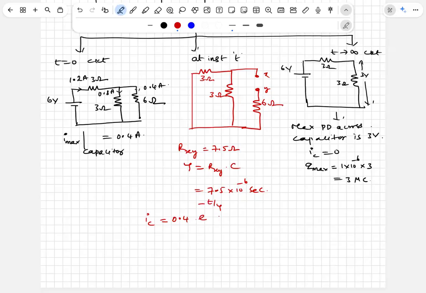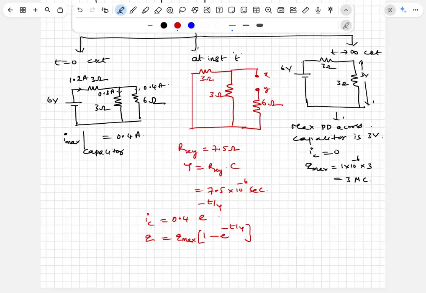Done. I know what the instantaneous charge across the capacitor is. What is that? The instantaneous charge across the capacitor is Q max times 1 minus e to the power of minus t by tau. Yes, this is a growth case. What formula have we used in the growth case?